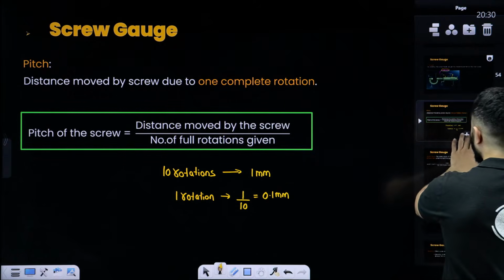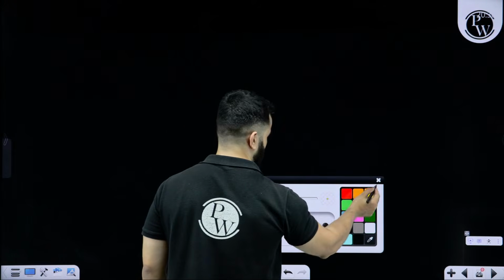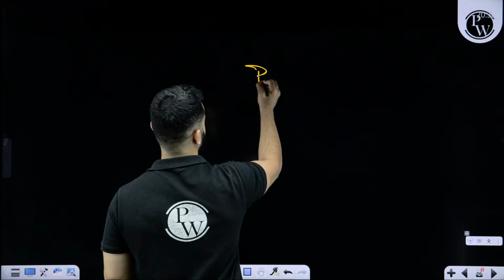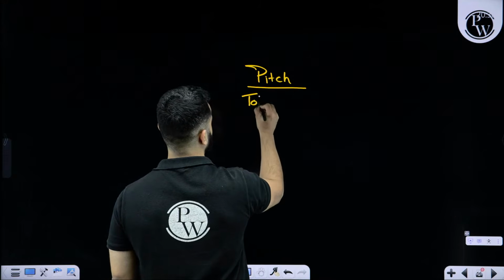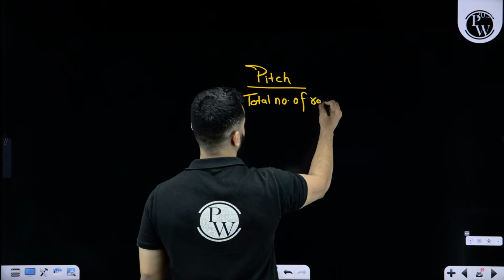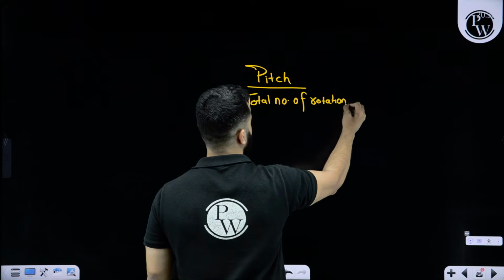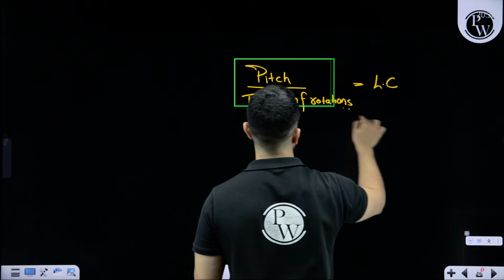Now let's find out how many rotations there are in total. So we are going to say pitch divided by the total number of rotations. This will be called the least count of the screw gauge, and I'll tell you the reason behind it.